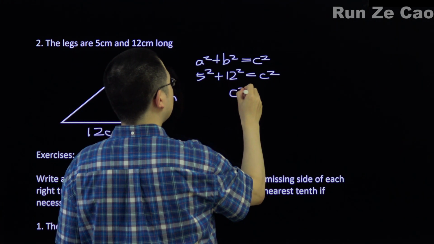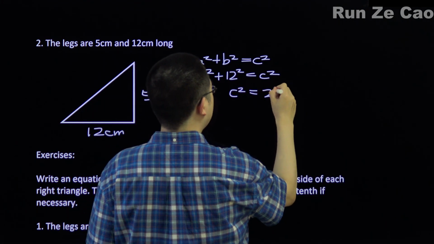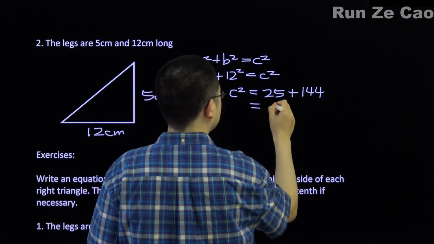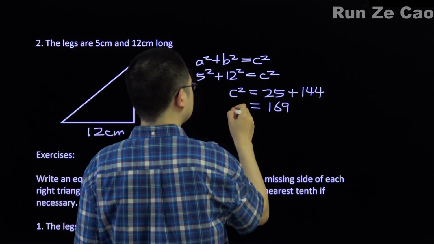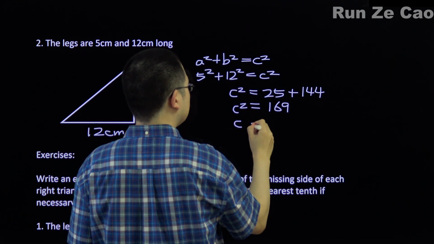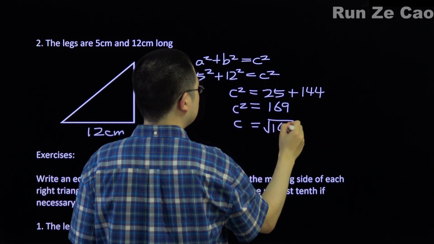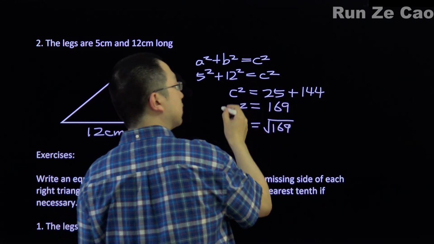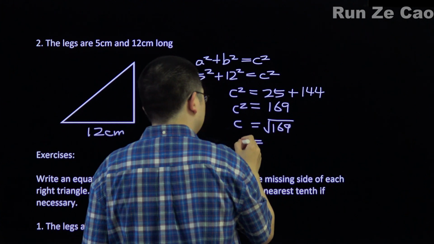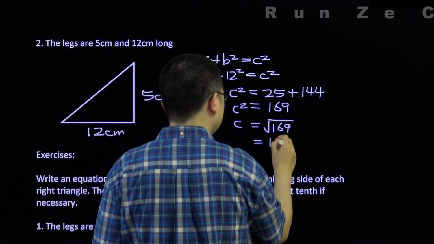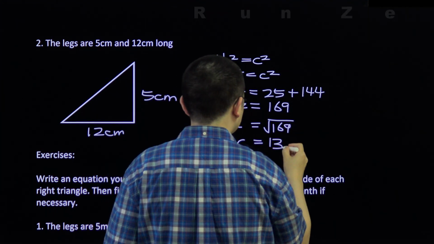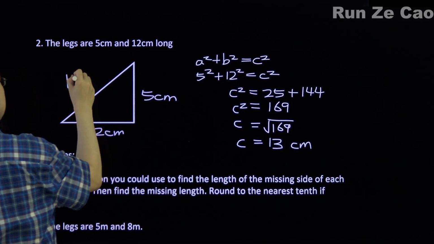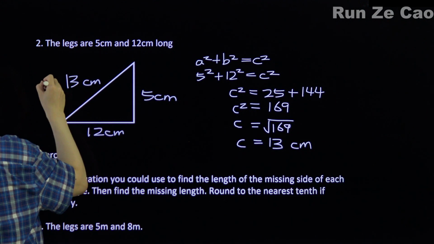That means c squared is equal to 25 plus 144. So 169 is equal to c squared. C is equal to square root of 169. This step here could be omitted if you so wished, and later on probably will be omitted. So C is equal to 13, and the units are centimeters. So 13 centimeters.